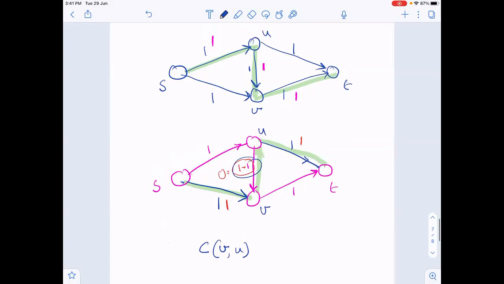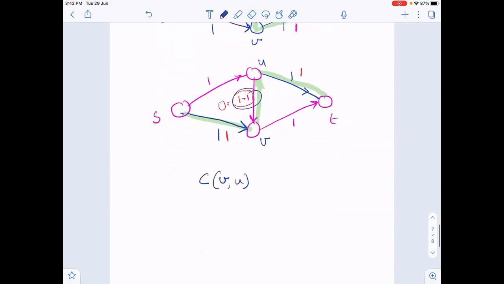Fine. So maybe there was a path. Let me maybe draw this one. Maybe there is another edge from here, which is of unit 2. Doesn't matter whether that path exists or not. You don't need that. Let's assume a simple thing that will help.